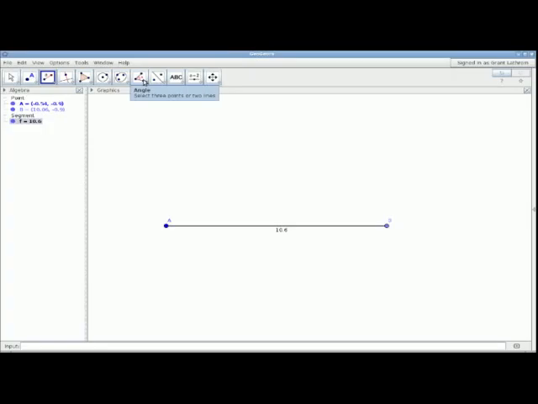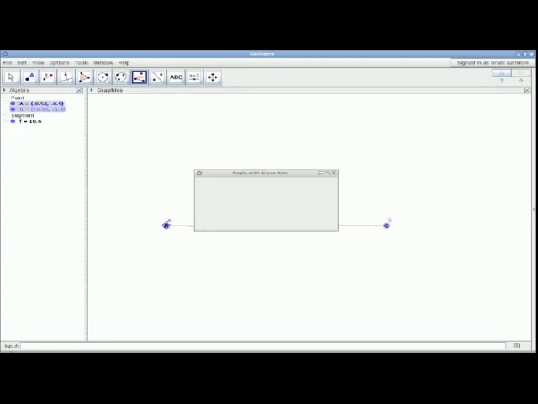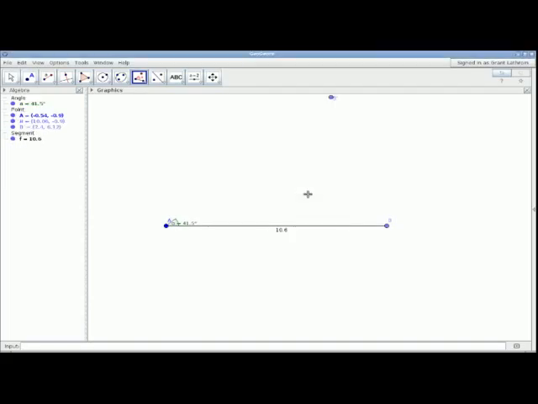Now I need an angle of a given size. I need that size to be 41.5 degrees. Okay.